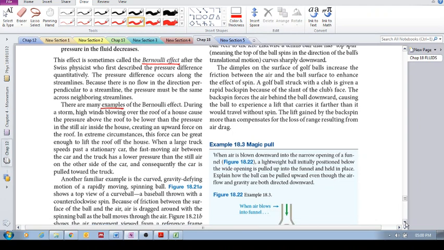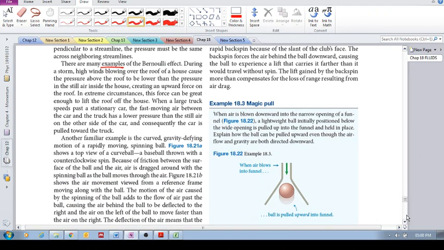The first example they give is, say now there's a house, and there's a storm, and the storm is causing the air to speed up over the roof. Because this air has now sped up, its pressure has dropped right over the surface of the roof, but you might have just the normal pressure as before inside the house, and so you've got a higher pressure inside than outside.